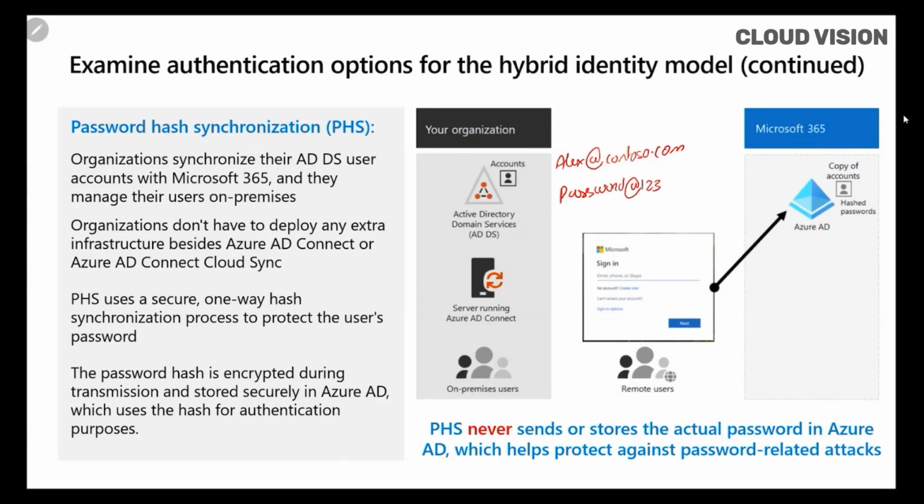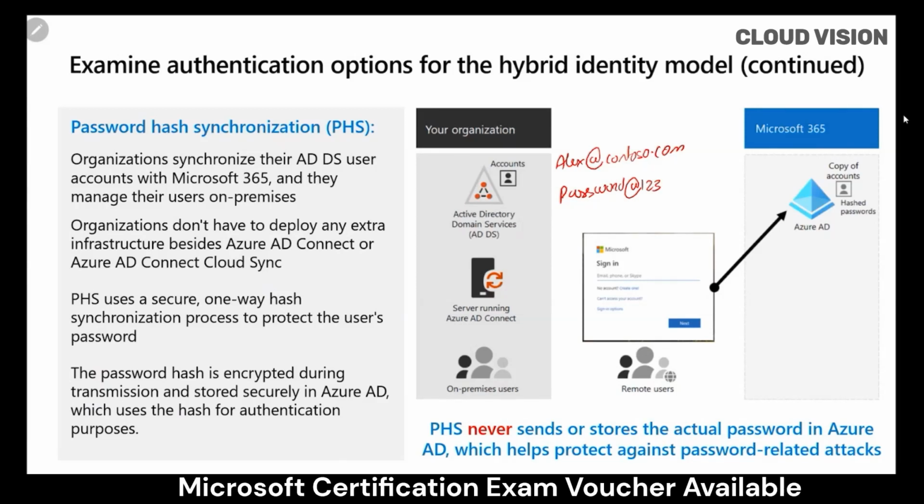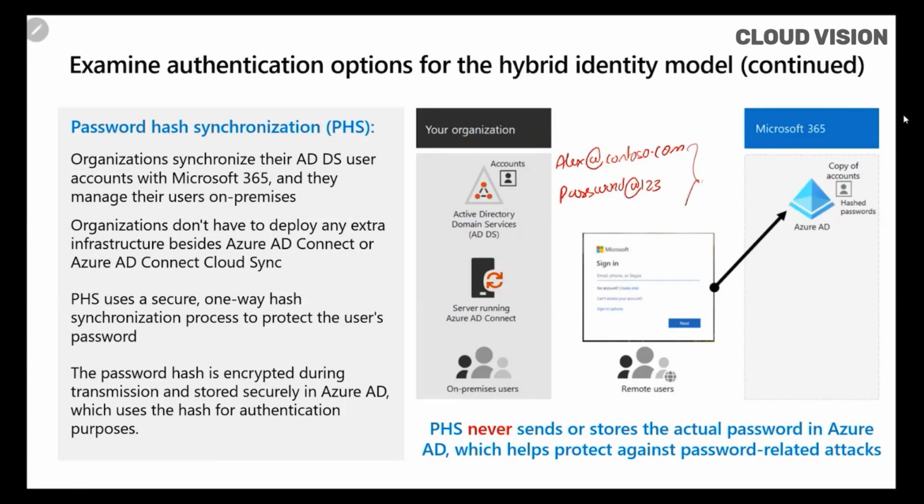So now this user account or this identity will be created in your Azure Active Directory with the same username, and the password will be converted into a hash value using a complex mathematical algorithm. And this hash value is synchronized to your Azure Active Directory, where Azure Active Directory maintains a database for these passwords.